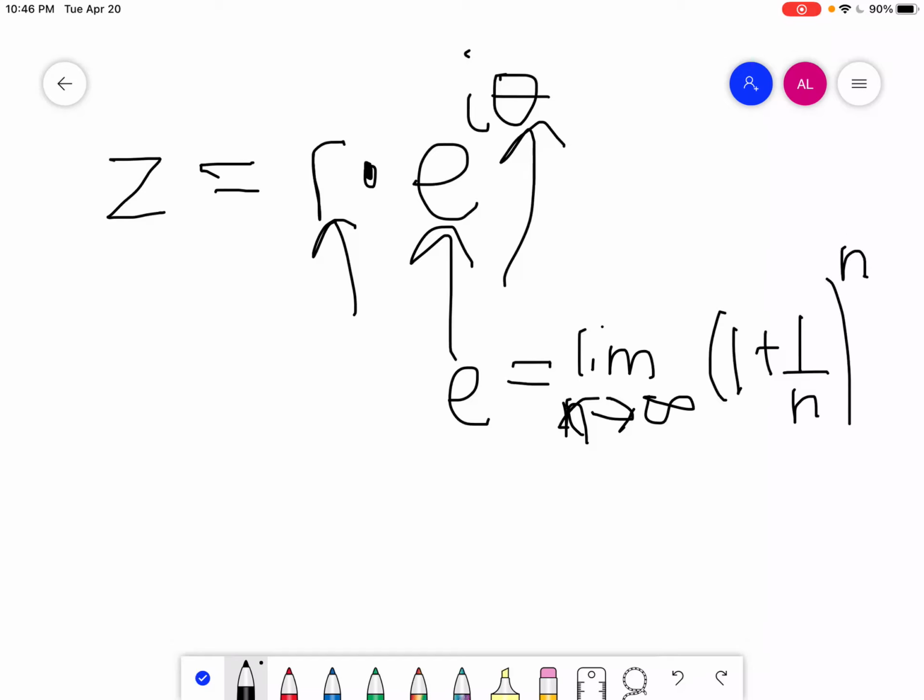If you know calculus, then I'll briefly explain how this formula is derived. If you know the Taylor representation of e to the x, and plug in i as a multiple of x, the Taylor series would be the same as cosine of x plus i times the sine of x.